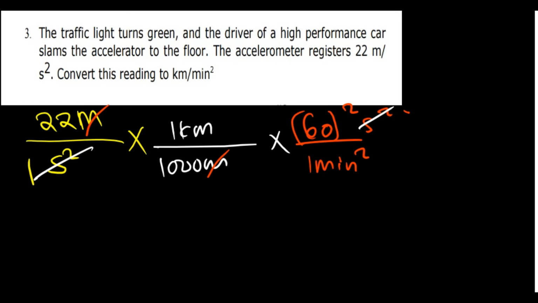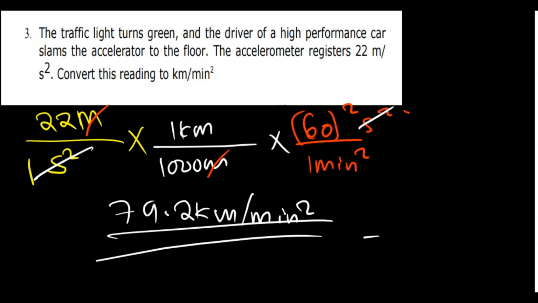So we're going to say that 22 times 60, now this 60 has to be squared, then I divide it by 1000, which is going to give me 79.2 kilometers per minute squared. Okay, so this is the answer for question 3.